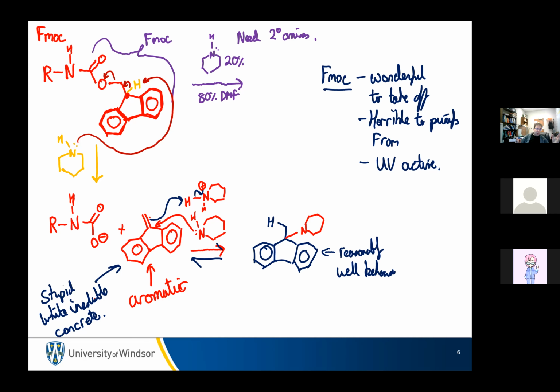Solution phase synthesis is when you take your molecules, you mix them together in solvent, you make your peptide bond, you then isolate the molecule you made, you purify it, you put it back in, do more solution phase. And the reason it's a nightmare is because you get these plaques forming, your molecule gets trapped, your yields fall off, it's a pain.